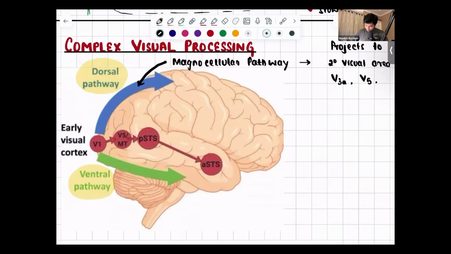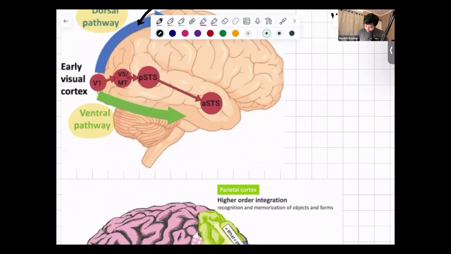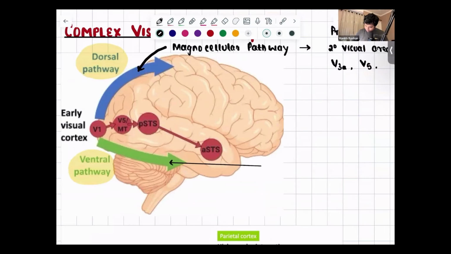And the ventral pathway, now all of you know this, is constituted by the parvocellular pathway.